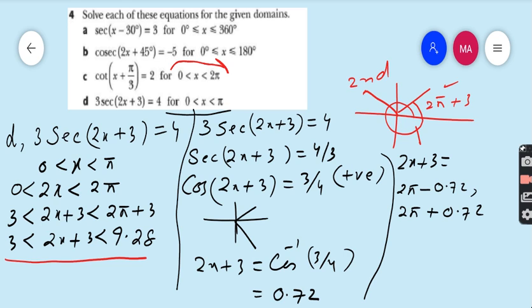Therefore 2 pi minus 0.72 is 5.56, and 2 pi plus 0.72 is 7.0.